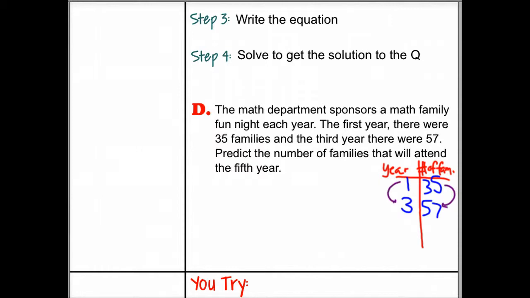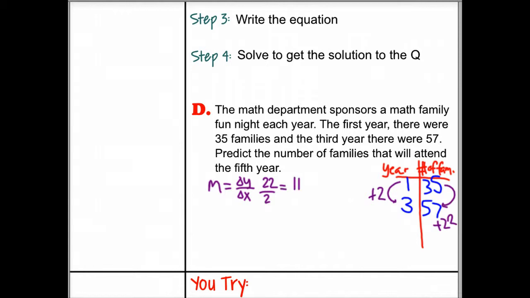So from 35 to 57, we are adding 22. And from 1 to 3, we are adding 2. So our slope, or m, is going to be the change in y over the change in x. So it'll be 22 over 2, which is just 11.